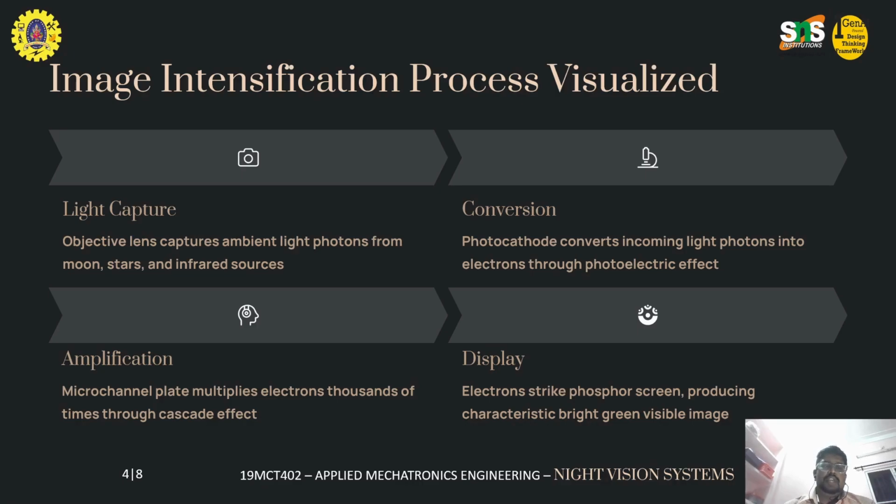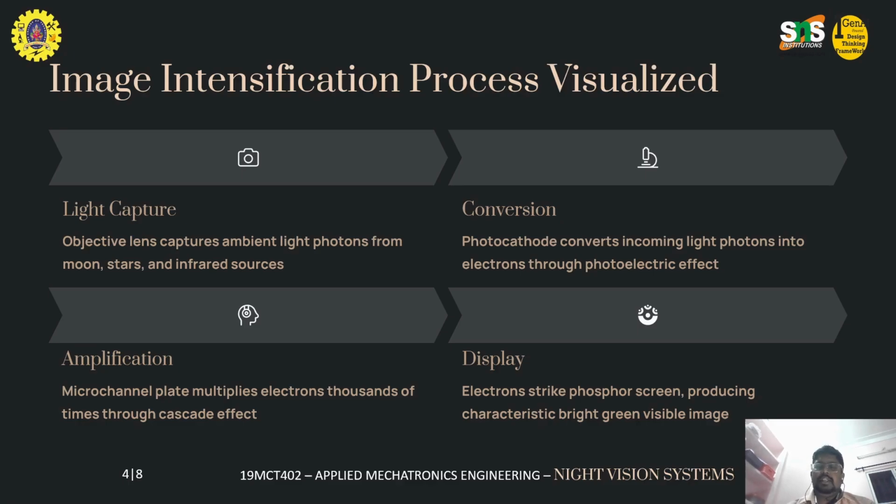Next we have something called amplification. A microchannel plate multiplies electrons thousands of times through a cascade effect. Through the cascade effect, the number of electrons is multiplied several-fold, and then these electrons hit a phosphor screen.